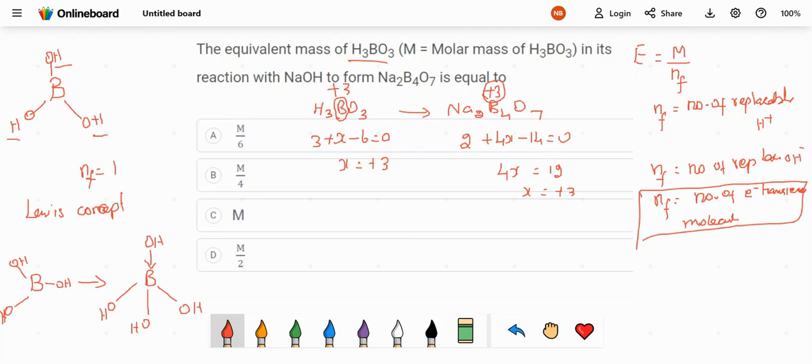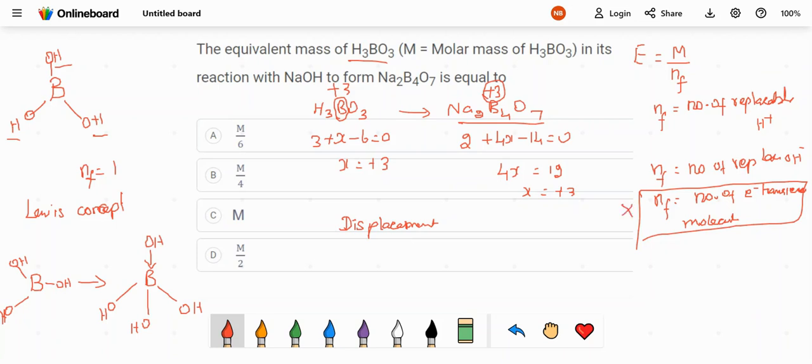So we have to go for the acid-base concept only, because borax is a salt. Salt will be formed by a neutralization reaction, or a displacement reaction. There will not be any change in the oxidation state. A mutual displacement of acid and base will not change the oxidation state. That is why we should not use this method.